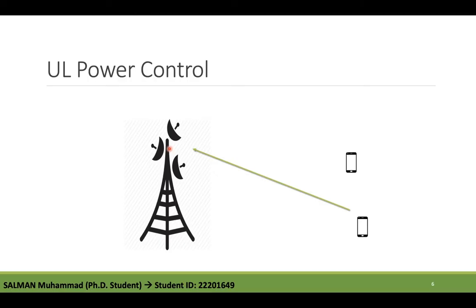For PUCCH, the appropriate received power is simply the power needed to achieve a desired, that is, sufficiently low error rate in decoding of L1 and L2 control information transmitted on PUCCH. However, it is important to bear two things in mind.